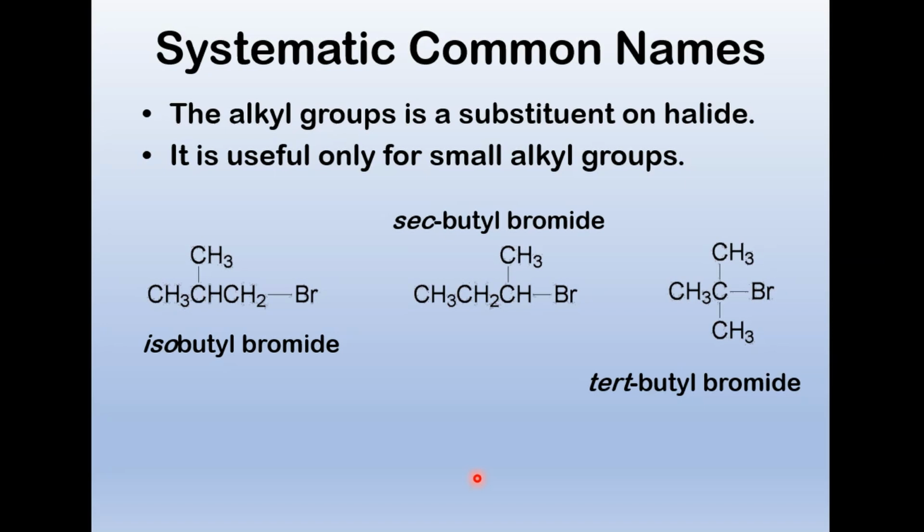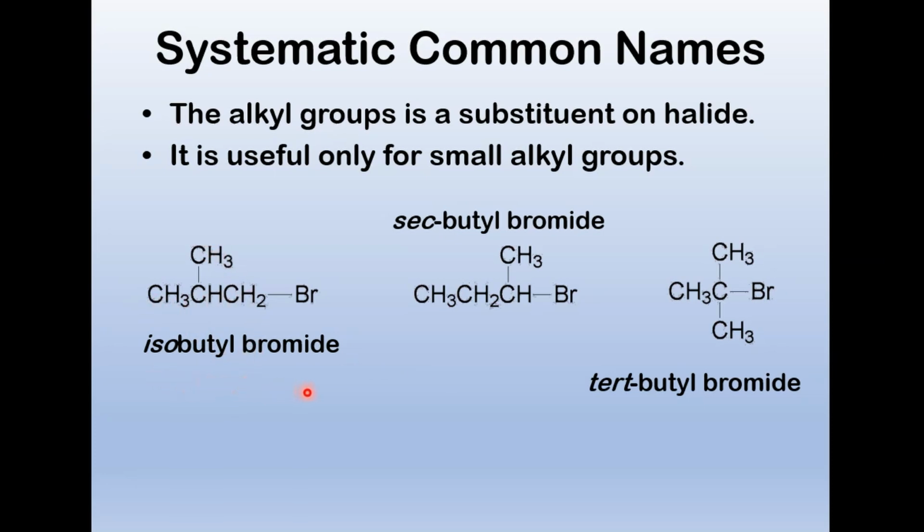To me, my heading looks like a contradiction. Systematic common names. IUPAC is what I think of being a systematic system for naming things. Nevertheless, the alkyl group is a substituent on a halide. It's useful for small alkyl groups only. So here's that isobutyl group.